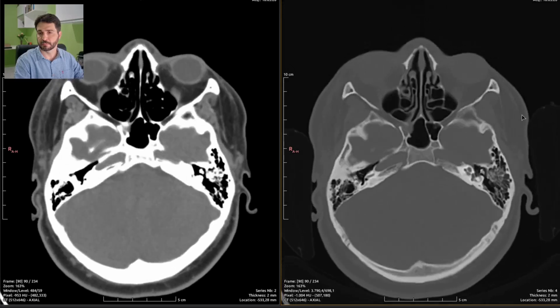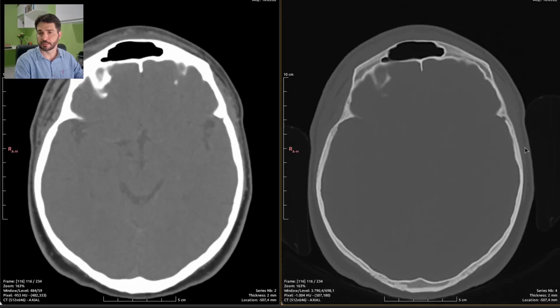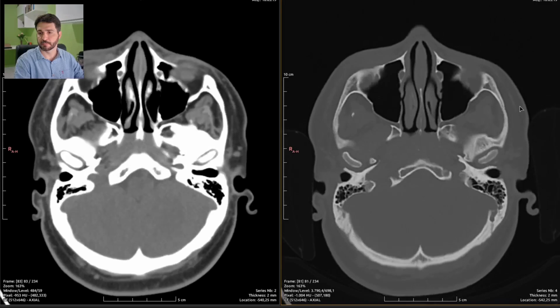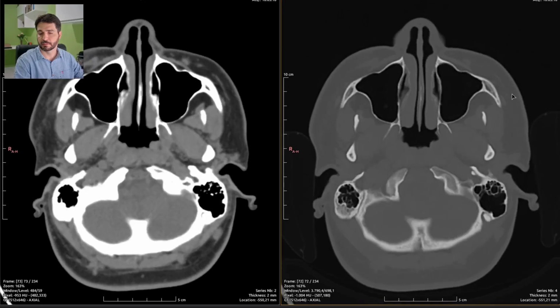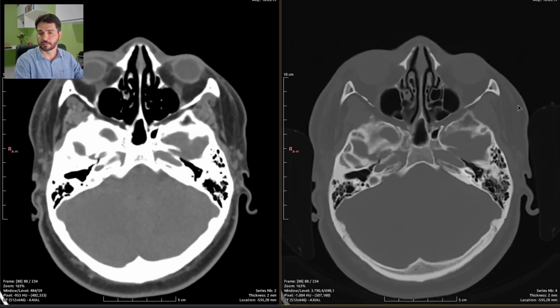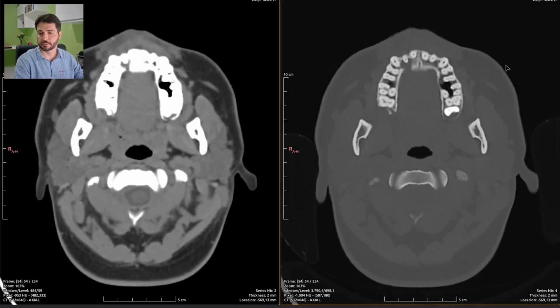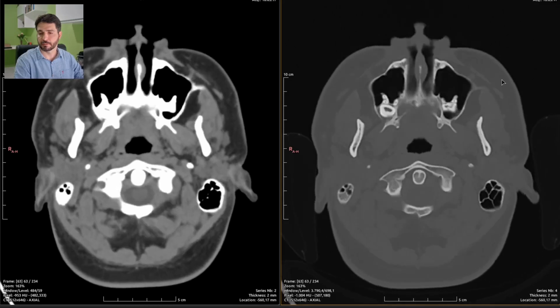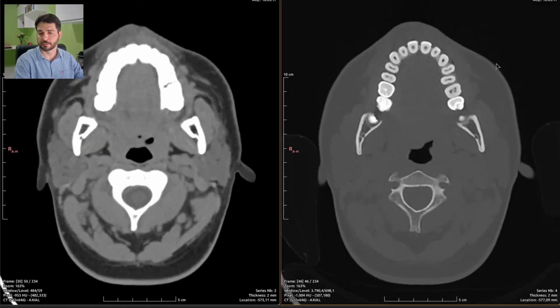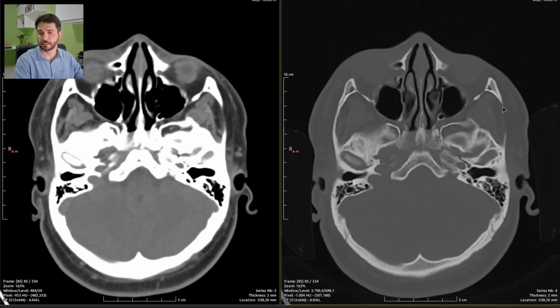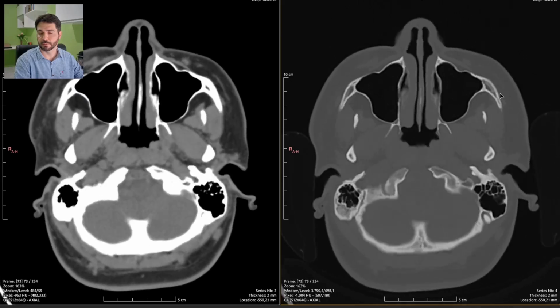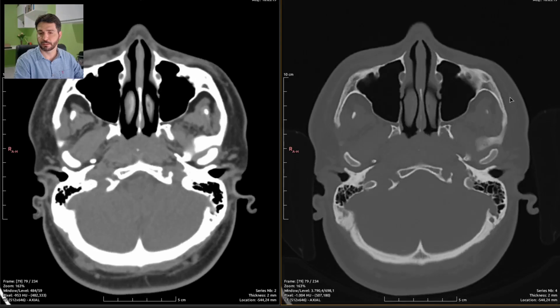Mandible, the maxillas are fine, zygomatic arc, clivus, cervicocranial transition is okay. Petrous bones are fine.